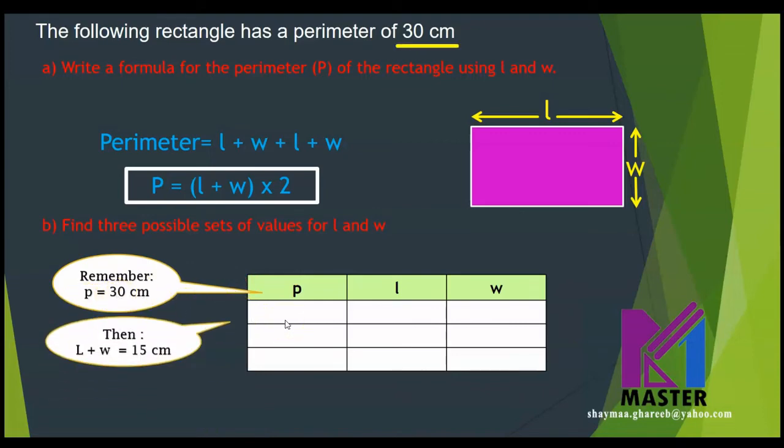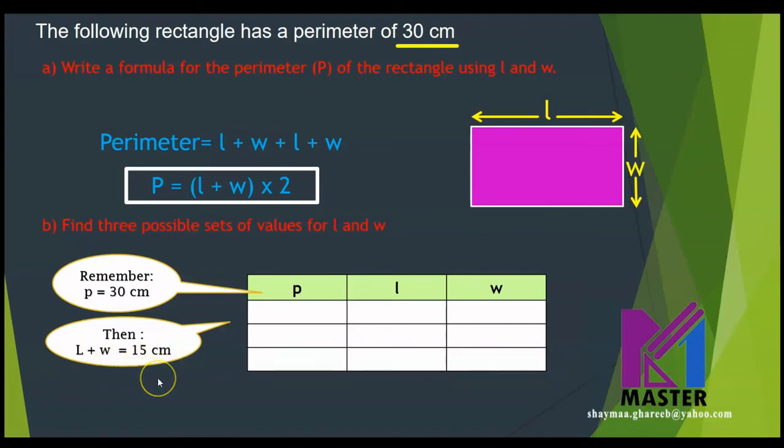So when the perimeter equals 30 centimeters, then L plus W, only these two sides, equals half the perimeter, which is half 30. Then L plus W equals 15 centimeters.